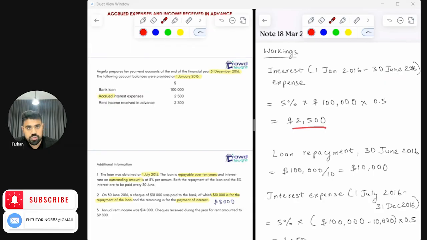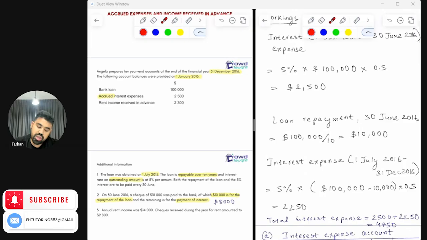Now, we also know, based on the additional information that is given to us, both the repayment of the loan and the 5% interest are to be paid every 30 June. Okay, so what that means is we know that there is a loan repayment on 30 June 2016, halfway during the year, and that amount is going to be $10,000, given that $100,000 was the original amount, and that is paid in equal amounts over 10 years.